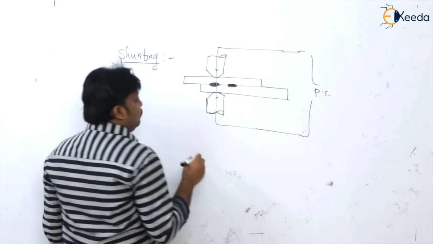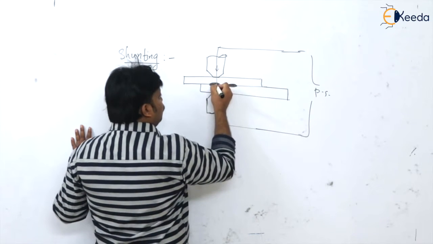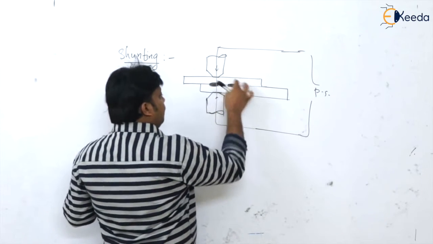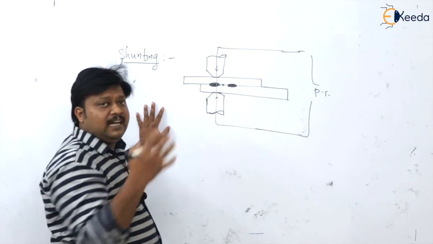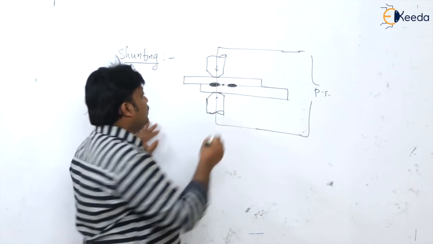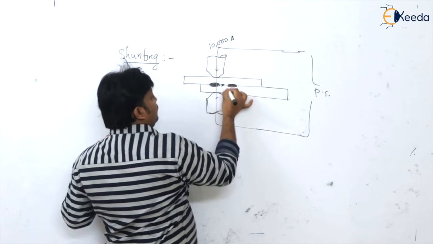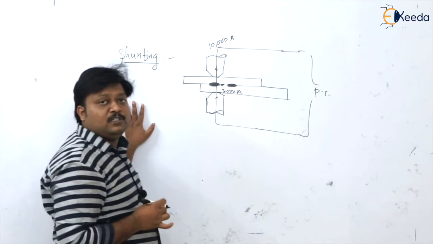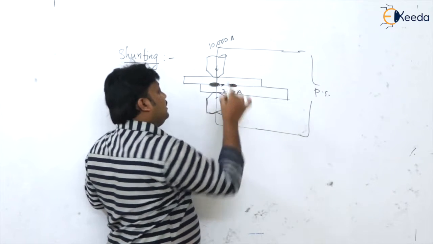But because of the shunting of the electricity, the current is trying to pass through the continuous media, and the actual current we get at this second spot is lesser than the required current. If 10,000 is required here, you have a bypass of current of say 3000 ampere, because of the tendency of the current to pass through this continuous medium, so you do not get the exact amount at the second spot.